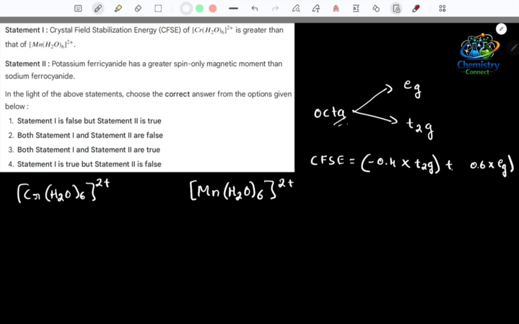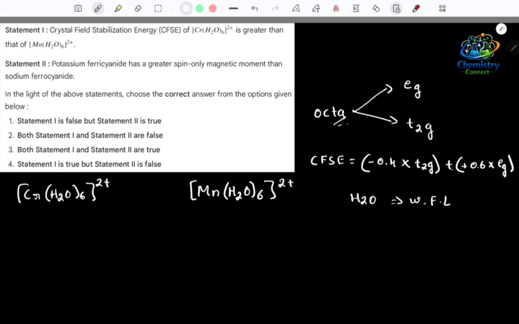Now we know very well that H₂O is a weak field ligand in both the cases.